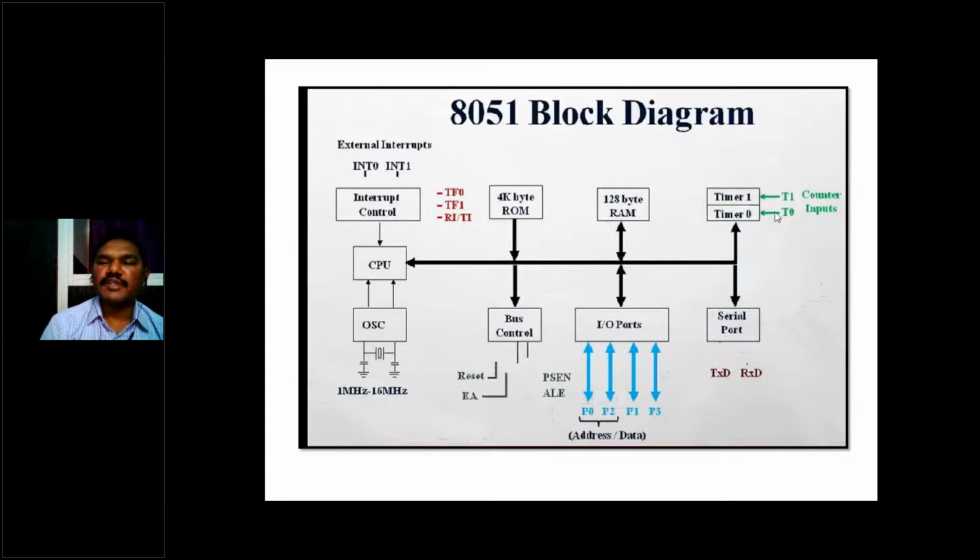There are two timers or counters. Explanation of each and every part as a separate unit is our next topic in the syllabus. Understood? So these are the topics of the second unit.